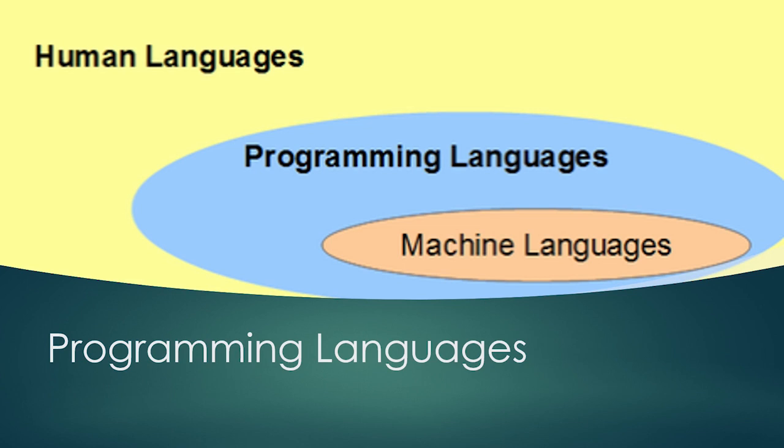Within the programming languages themselves, the lowest level of language is the machine language, and this is the actual binary language used by the CPU itself. Typically, we program in higher level languages above the level of machine language.